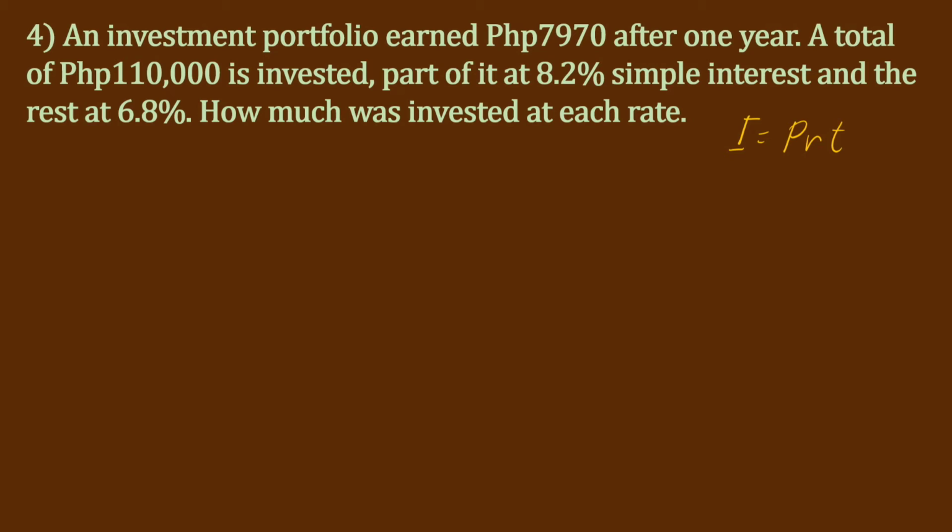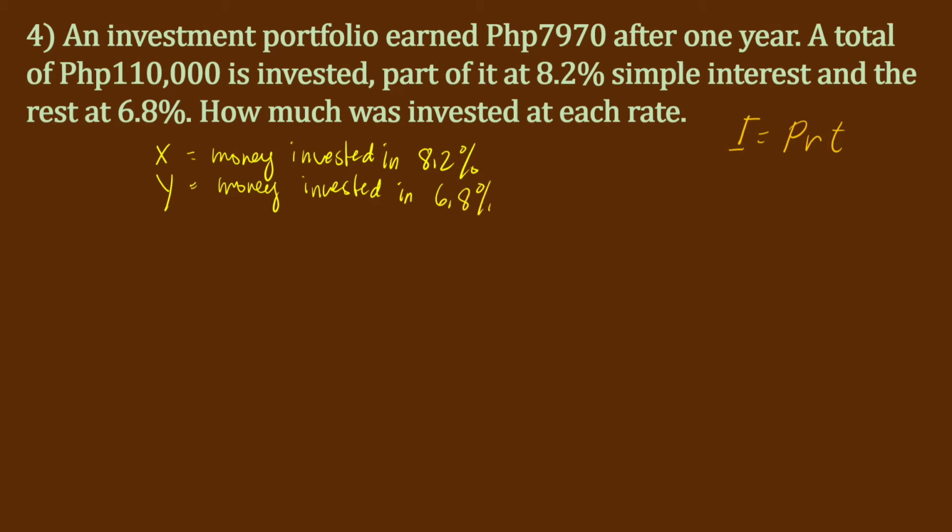110,000 pesos is divided, not actually equal, but we do not know how much was invested in 8.2%. So we will assign X for that money invested in 8.2% and y is the money invested in 6.8%.